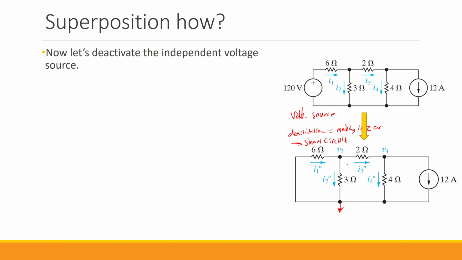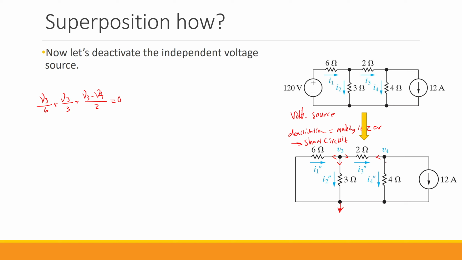So the way we do it is that I write the KCL for this node. So it's going to be V3 divided by 6 plus V3 divided by 3 plus V3 minus V4 divided by 2, which equals 0. So that is the KCL for this node.